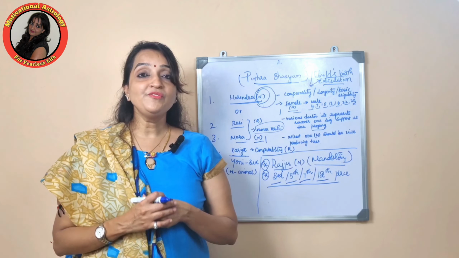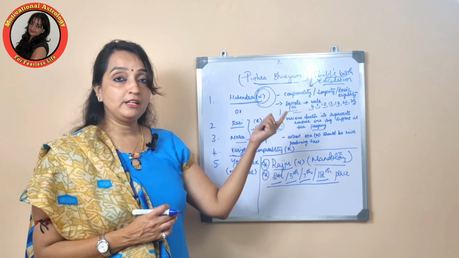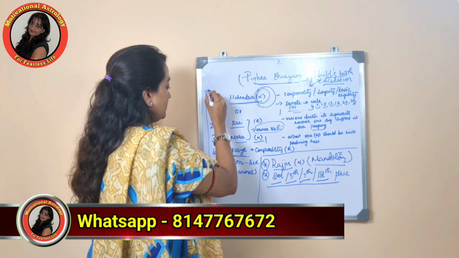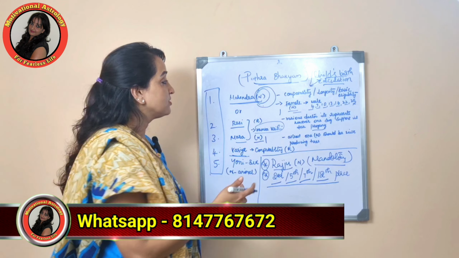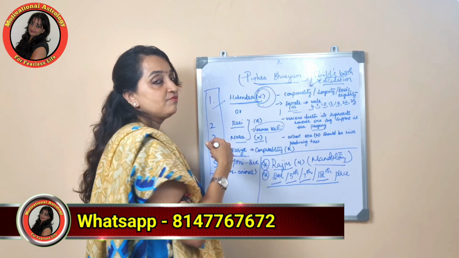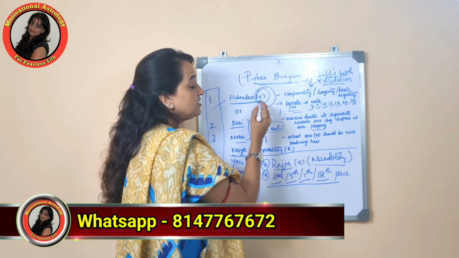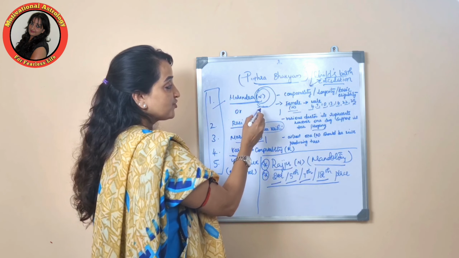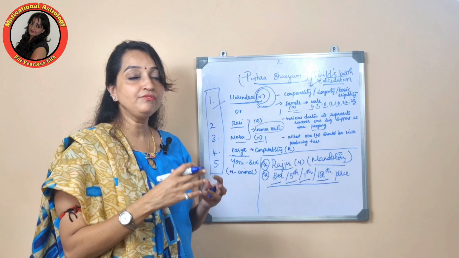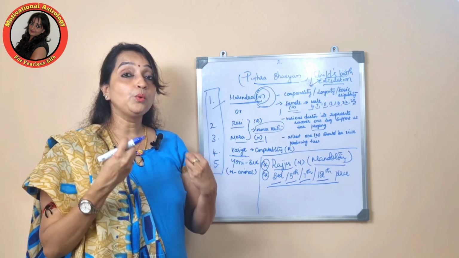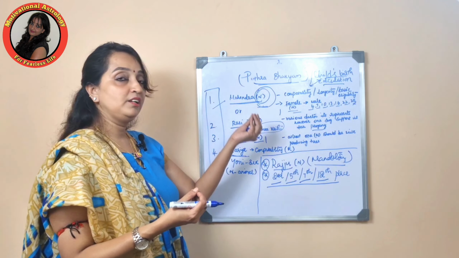Friends, whenever we need to do a child's birth calculation matching for a couple, there are 5 things we need to look at as a primary factor. The first thing we have to look at is Mahendra Porutham. This is done on the basis of nakshatra, male nakshatra and female nakshatra. We have a few calculations that will tell us the compatibility that will make us eligible for this Mahendra Porutham.